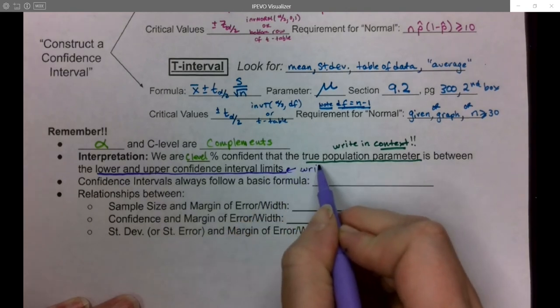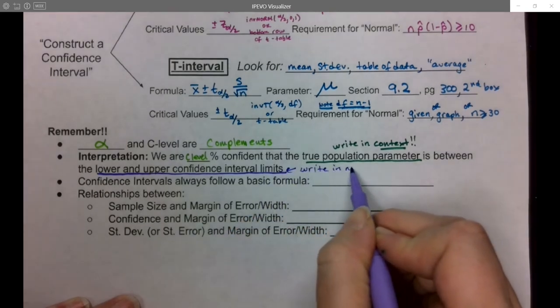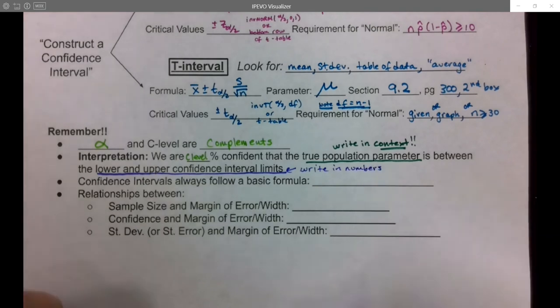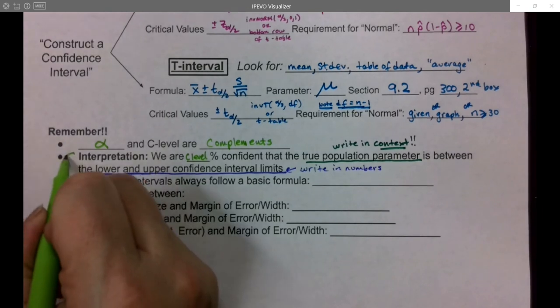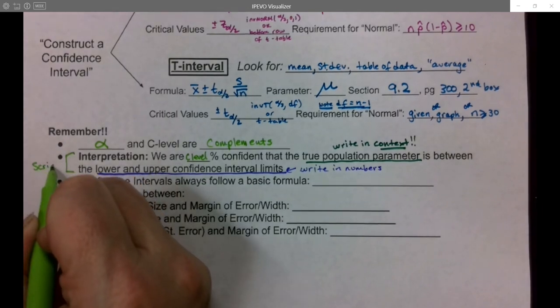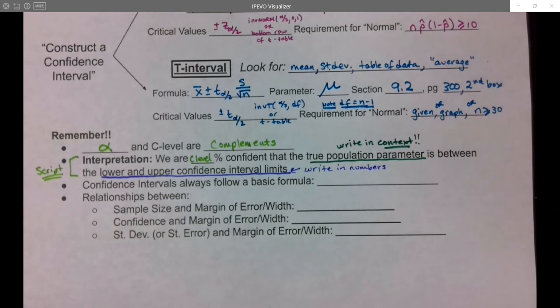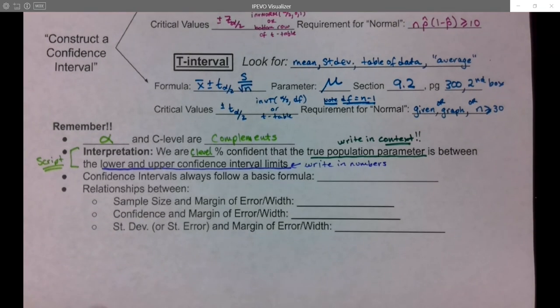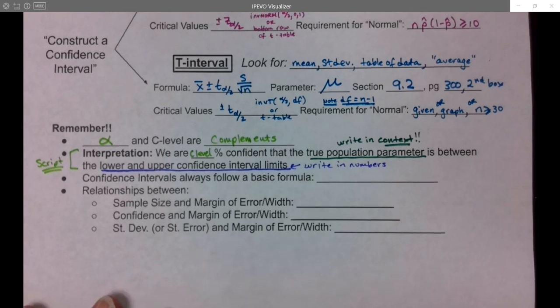You would not actually say those words. But this is the general form. It's the script that you follow. So I could say interpretation script. It's a script you follow to help you when you write your interpretations for confidence intervals.